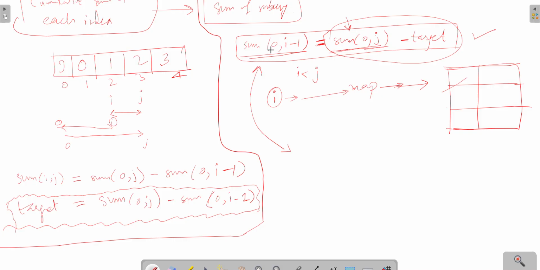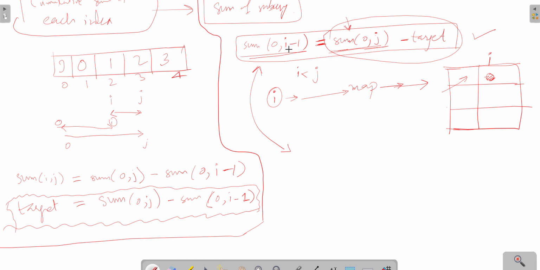Now, when we saved it in the map, we could have saved the 0 index or I, whatever the value of the I was. But this equation tells us that this would give us I minus 1, right?